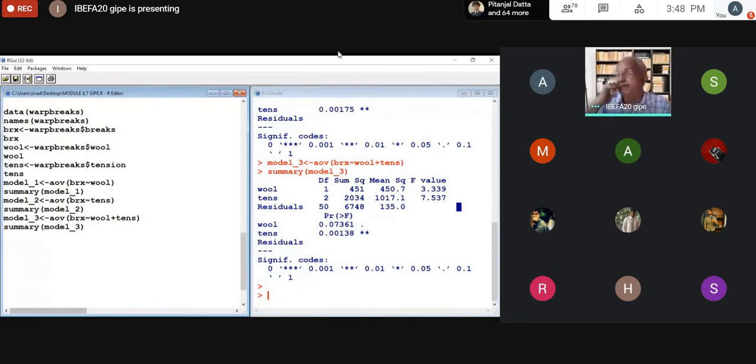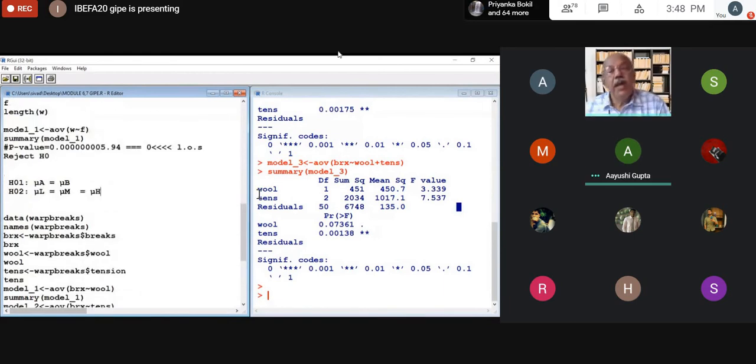Anybody else? So here, how are you taking the mean breaking strength as the dependent variable? Main variable is breaking strength. Type of wool is a string. Tension level is also a string.